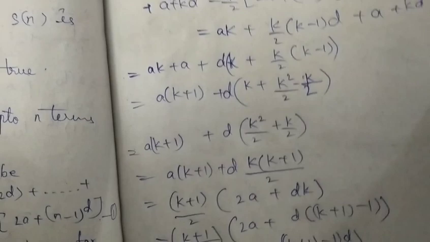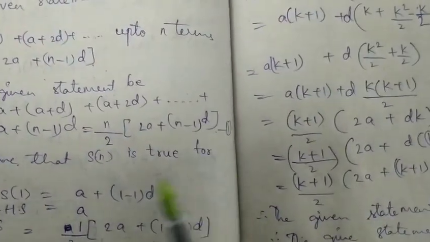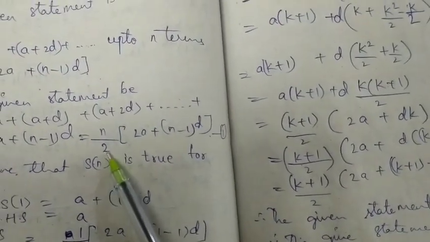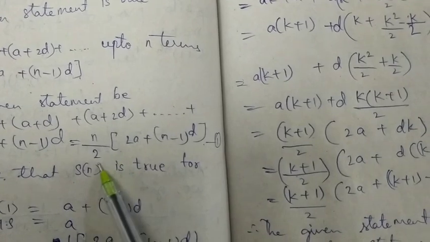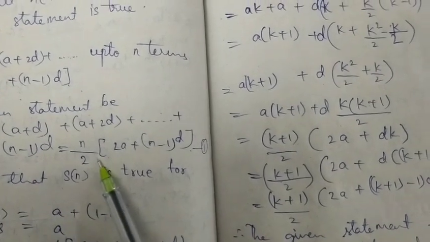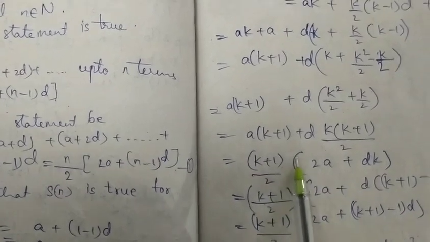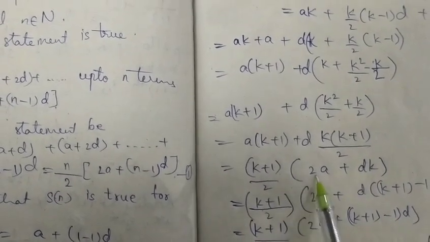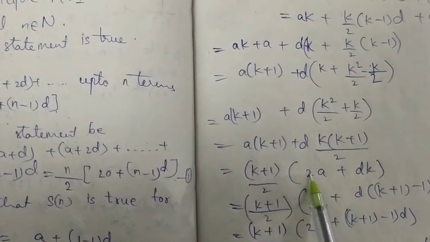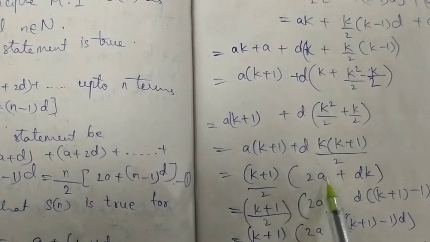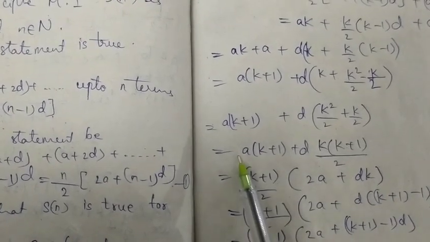And why do we want it like that? Because our RHS part is in terms of n by 2. So something in terms of k plus 1 by 2 we want. So k plus 1 by 2 we got it into, we have to simply multiply with 2a, 2 into a, because here there is no 2, right?